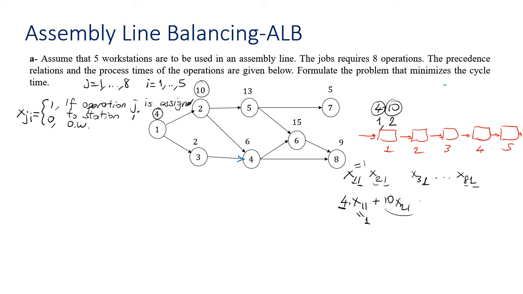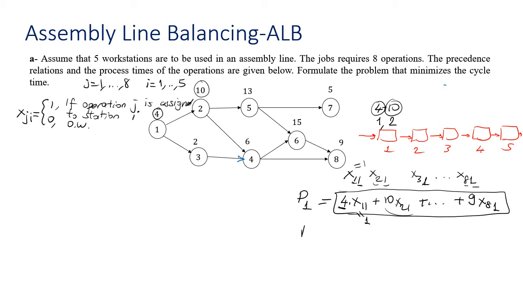And if I do this calculation up to 9 times x81, this summation here will give me the processing time of the first workstation. So let me represent it as P1, the processing time of the first workstation.